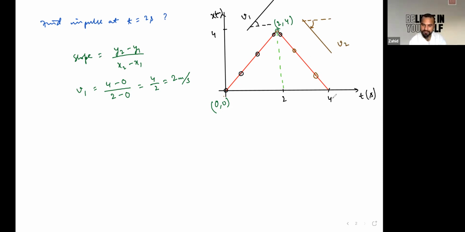For this line, the coordinate of this point would be (4, 0) and of this point would be (2, 4). So this will be your (x2, y2) and this will be your (x1, y1). From this you will calculate V2 equals (y2 minus y1) over (x2 minus x1). So it will be minus 4 over 2, which equals minus 2 meter per second.